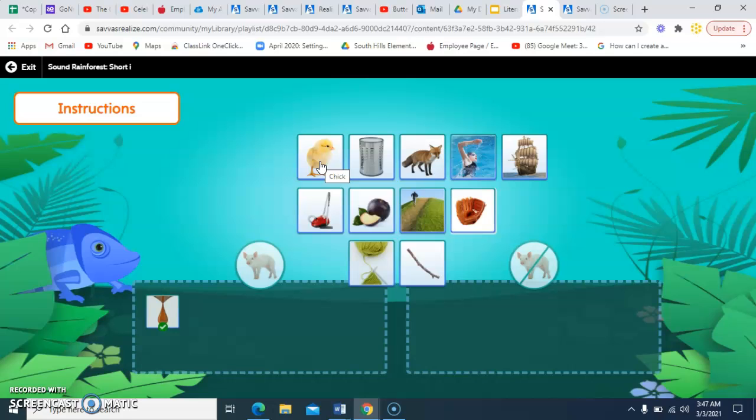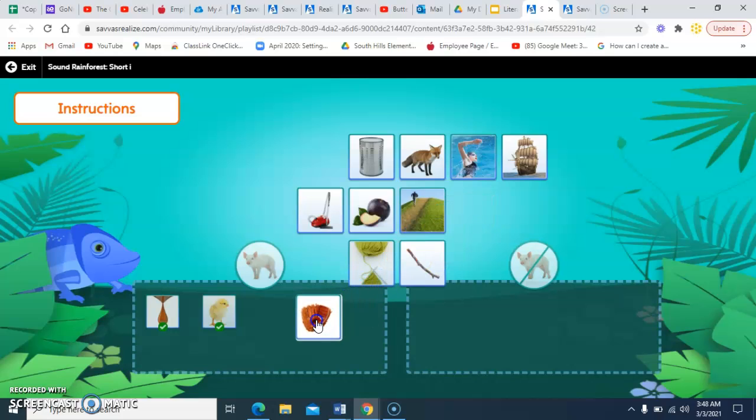Chick, chick. And listen for the short I sound. This one's mitt. Fox, fox.